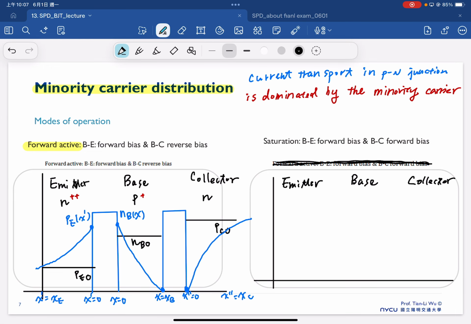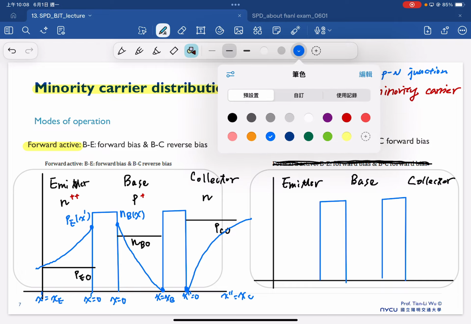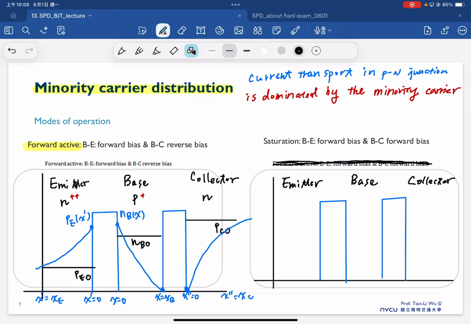region. And then for each junction, first we draw the depletion width between each region. And now we all know that the minority carrier concentration will be at this kind of level.